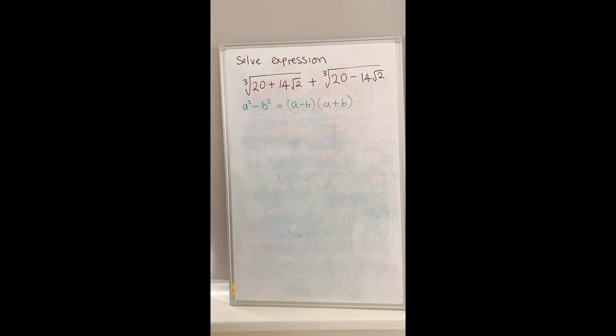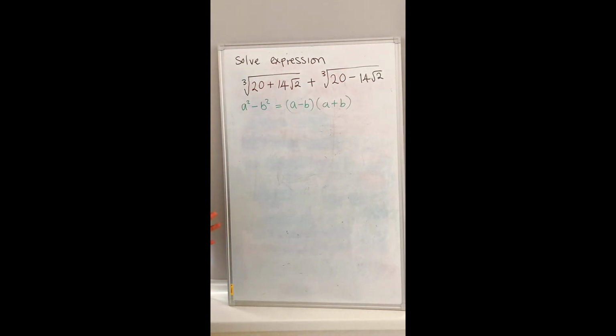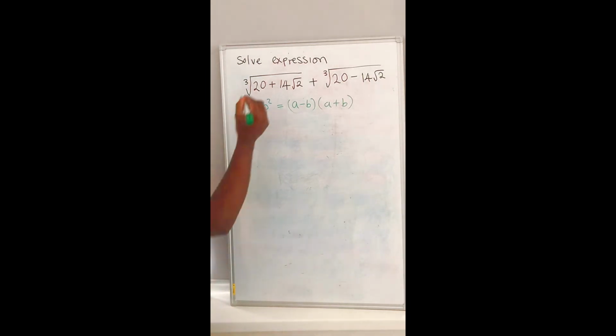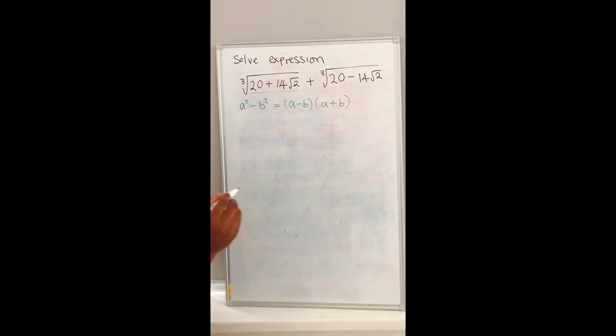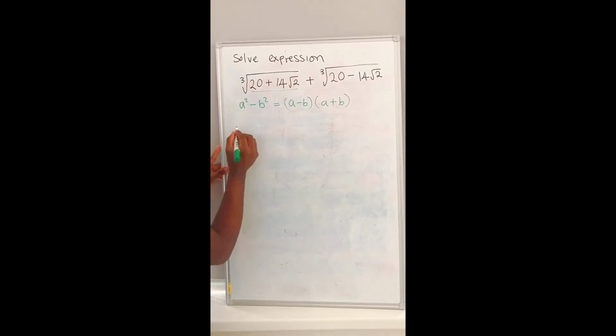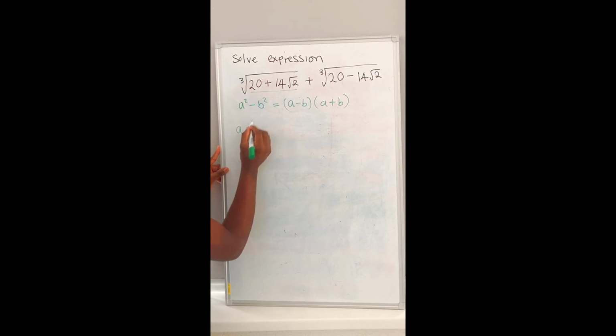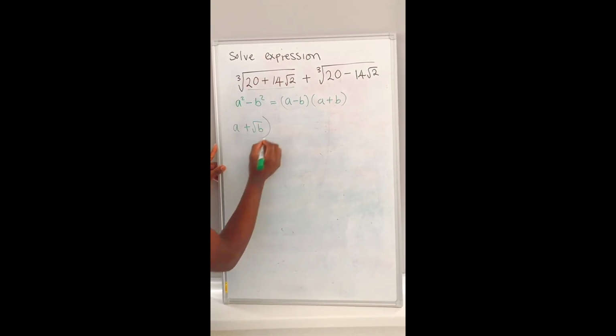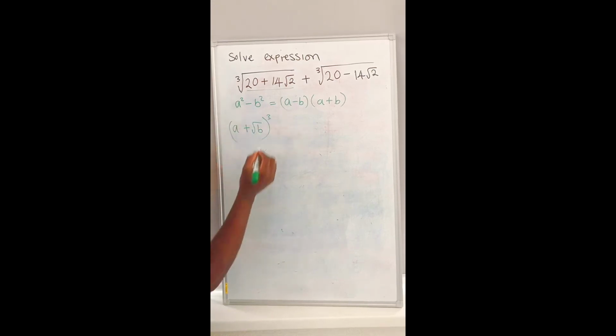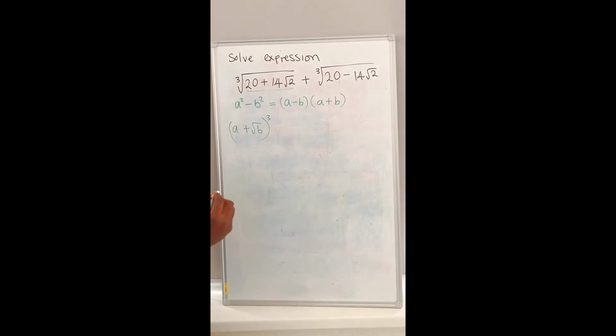So since we have the third root, in order for us to change this, we have to get rid of the third root. The only way we can do that is if the inside of the root gives us an expression like a plus root of b to the power 3, so that this 3 cancels out with the root.